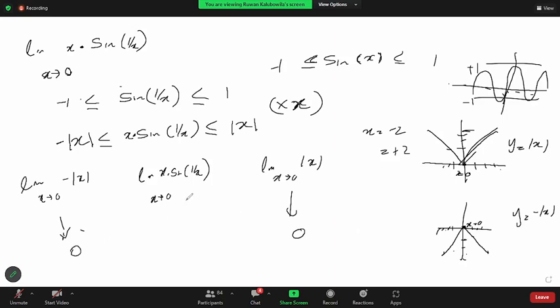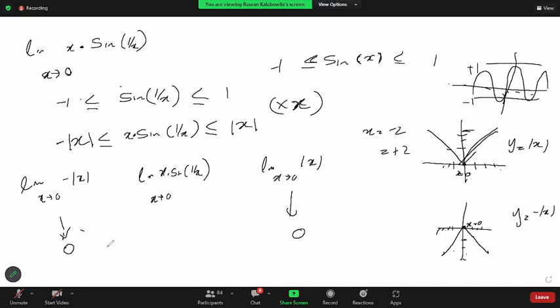Now you can use the squish theorem, right? Why? The smaller function, when approached to the same x value, goes to 0, and the function greater than the function we are considering, when x approaches the same point, also goes to 0. So these two are equal.